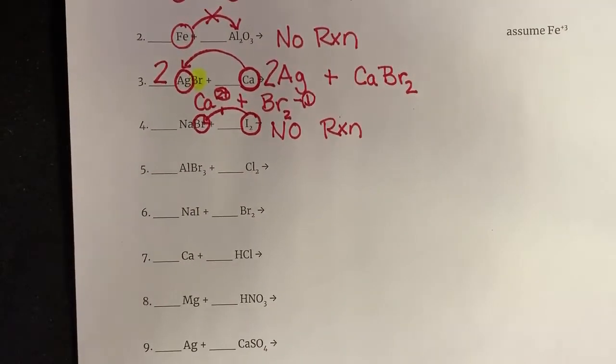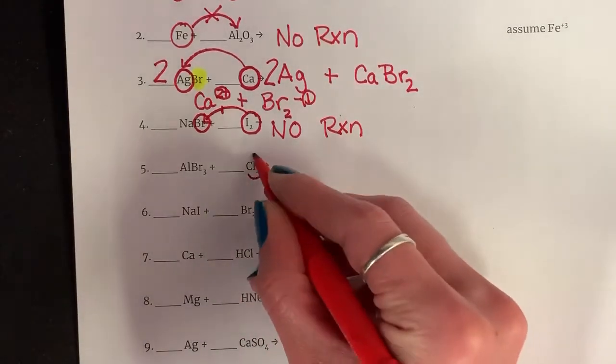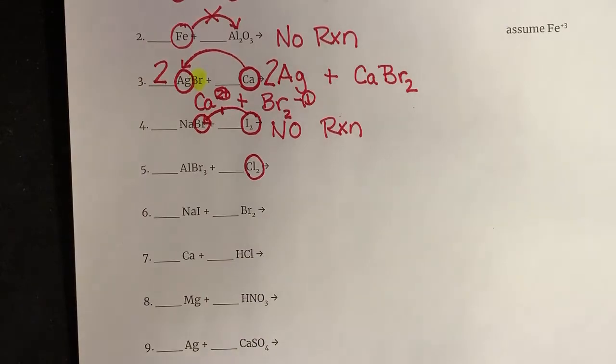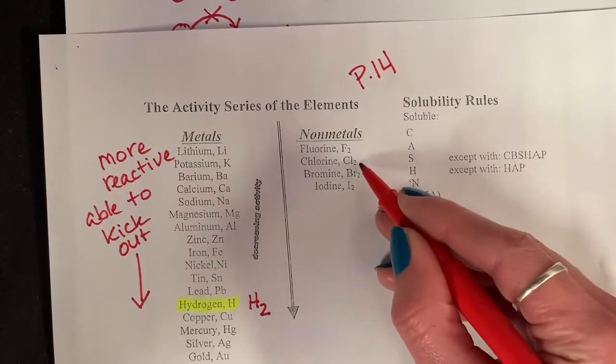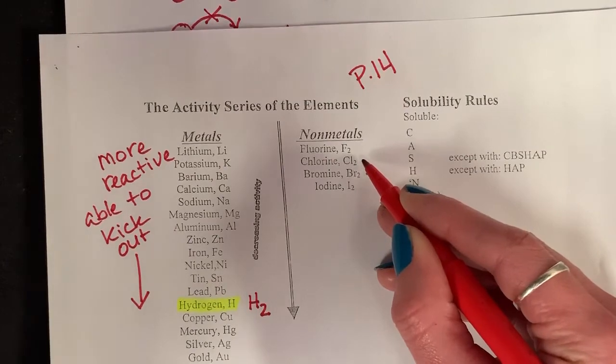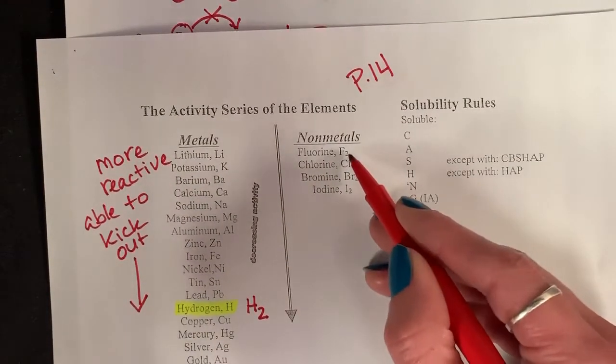Okay? Let's take a look at problem number 5. In this case, the element by itself is chlorine. Chlorine, if I look at my list, is a non-metal. He's trying to kick out another non-metal.